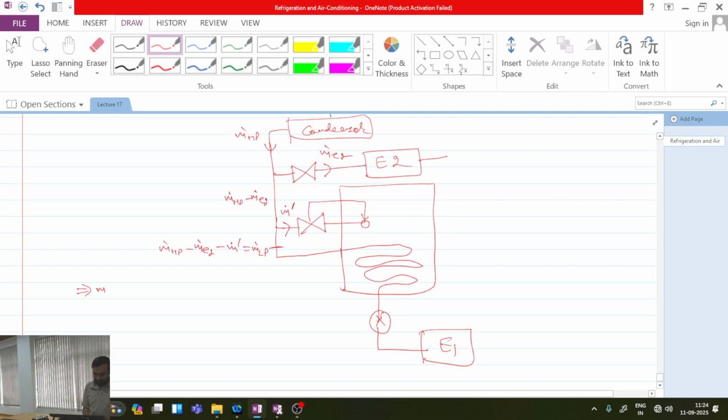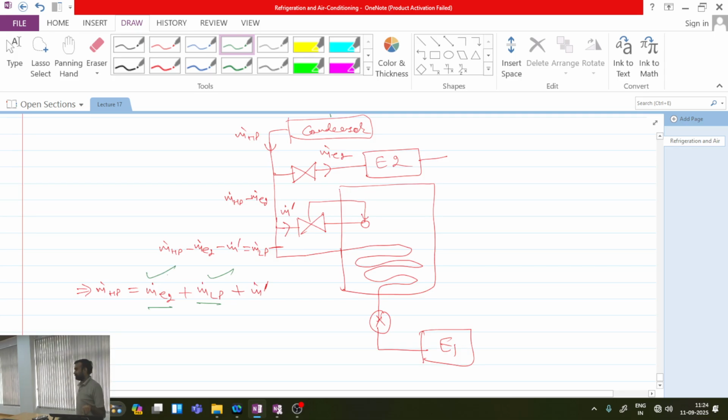So from here I can write that m dot HP is equal to the mass going through evaporator 2 plus the mass going through the low pressure compressor plus m dot dash. Does anyone have any doubt about this? Have I written it correctly? So now m dot LP I have calculated, m dot E2 I have calculated.